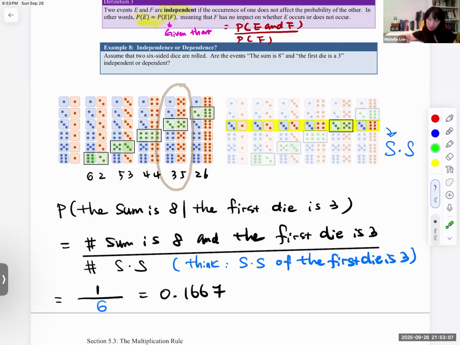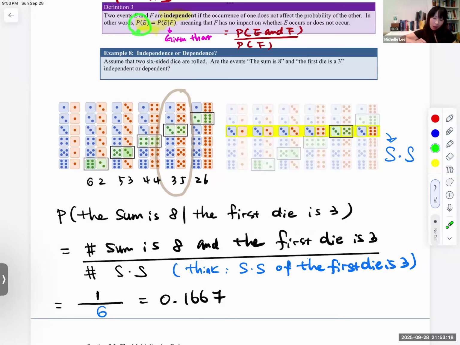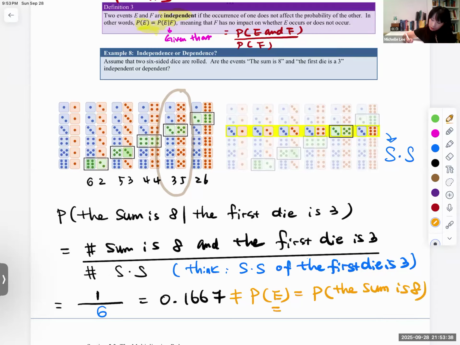We don't get the probability of event E, which is the probability that the sum is 8, so we can use that definition. So this is now equal to the probability of event E, which is the sum is 8. What's the probability of the sum being 8? So the number of sums that are 8.